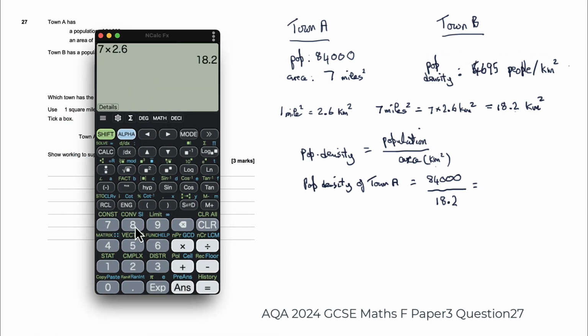So that's 84,000 divided by 18.2. There we are. It's 4,615. That will approximate it to the nearest unit.